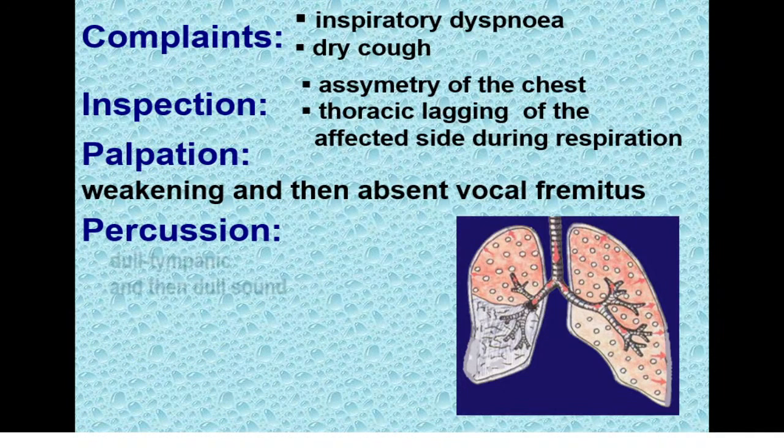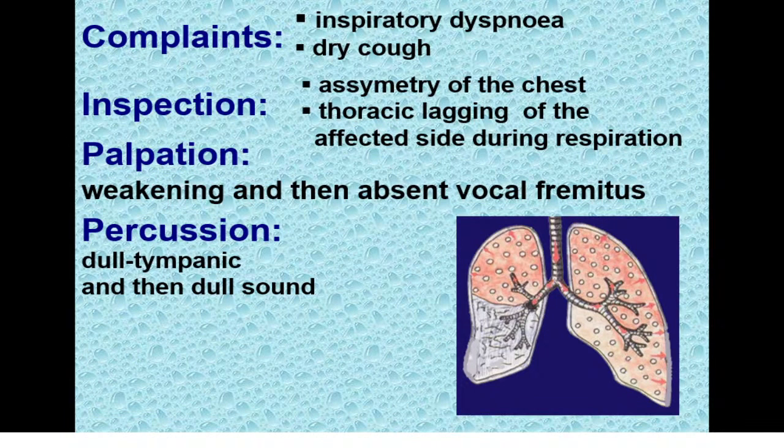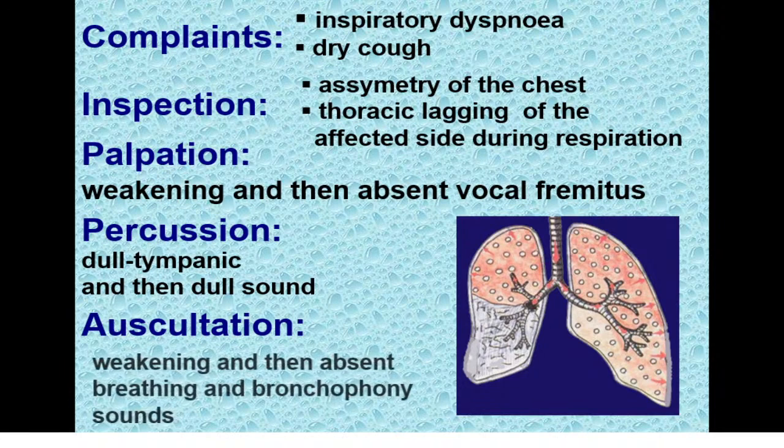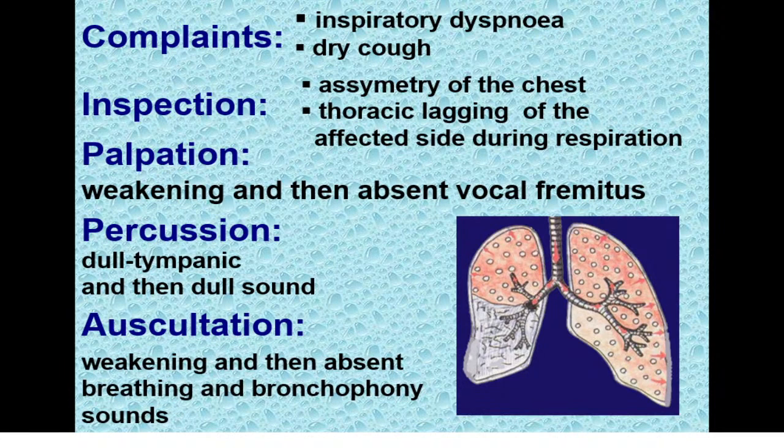On percussion, dull tympanic and then dull sound. I give you two characteristics: at the beginning and at the end of formation of obstructive atelectasis. On auscultation, weakening and then absent breathing and bronchophony.